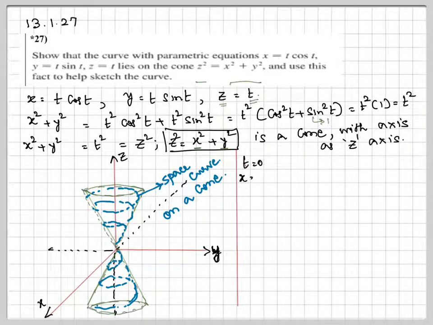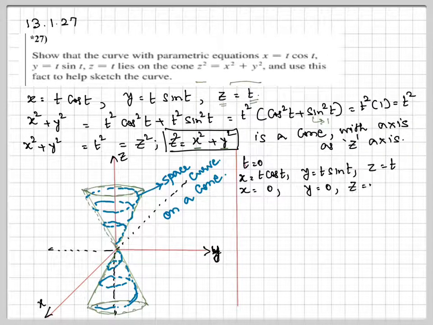Let's start with t equal to 0. It will be x equal to t cosine t, y equal to t sine t, z equal to t. We have to substitute t equal to 0 there. If you substitute 0, x will become 0, y will become 0, z will become 0. It shows that 0, 0, 0, the origin, is a point on the curve.